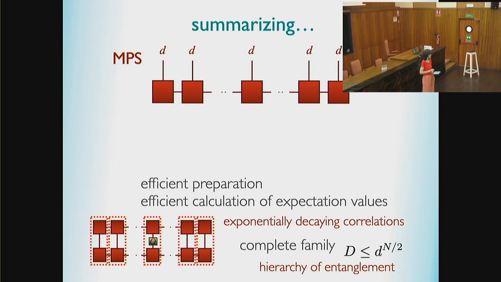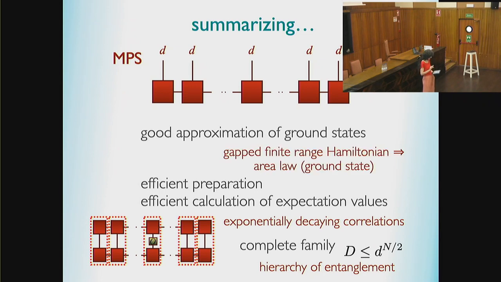It is also true that if we have an MPS, in principle, we have an efficient recipe to prepare it in the lab. So these are states that can be prepared efficiently. And I talked about the calculation of expectation values, and something that I didn't really talk about explicitly, but was hinting at the beginning, is that they are actually good approximations to ground states of local Hamiltonians.